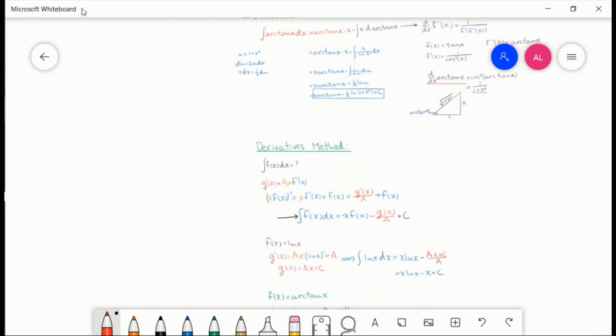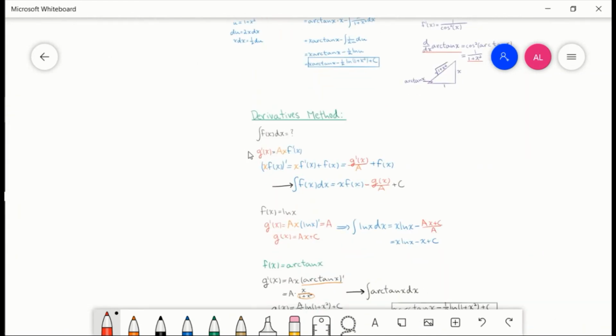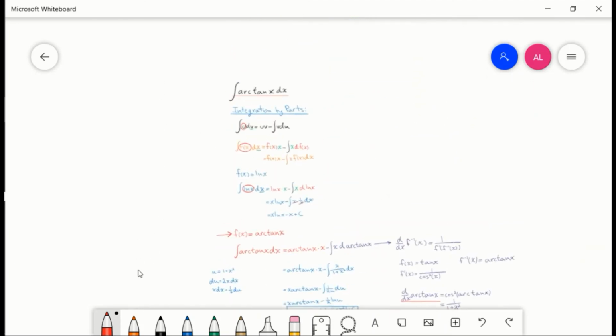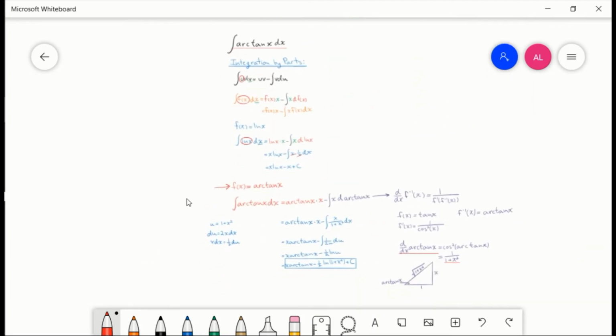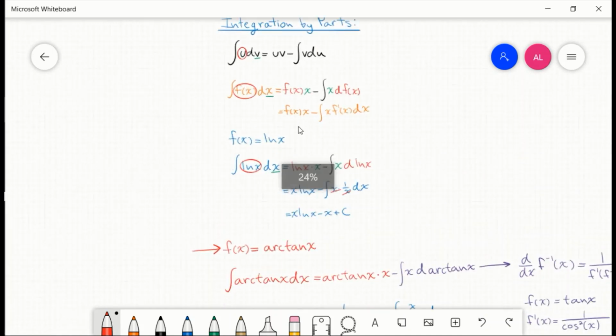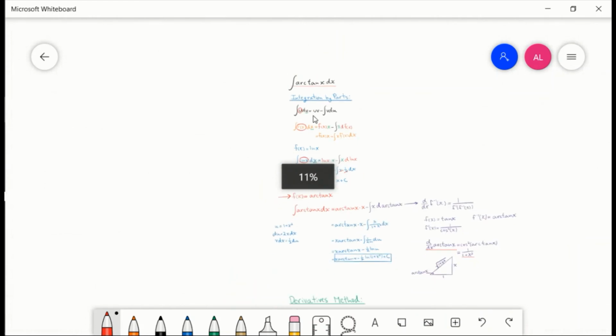We don't know if there will be a function g of x such that its derivative is equal to ax f prime of x, but we try to, in the spirit of discovery, find these things because we refuse to be stuck on this one integral. So these two methods are, let's just explore methods if you are really stuck.